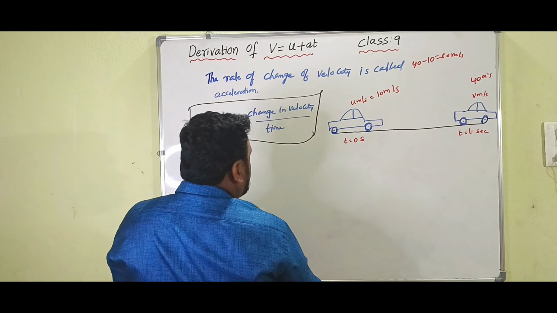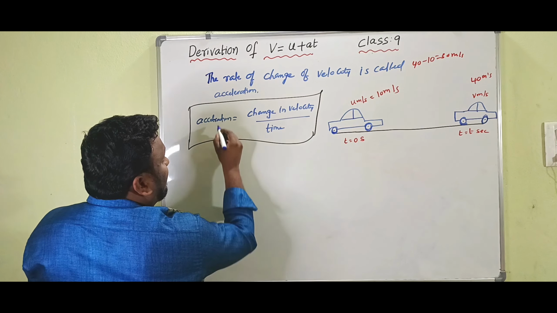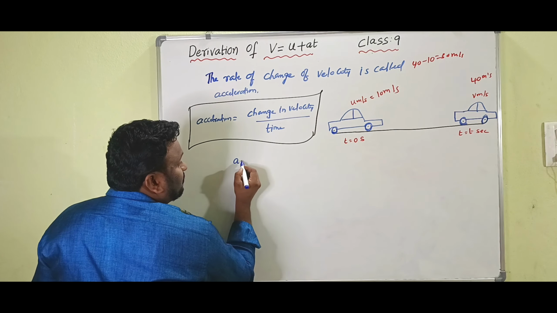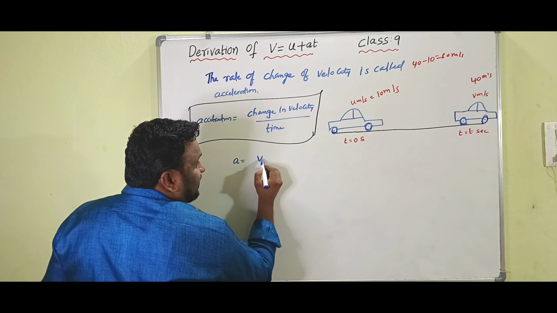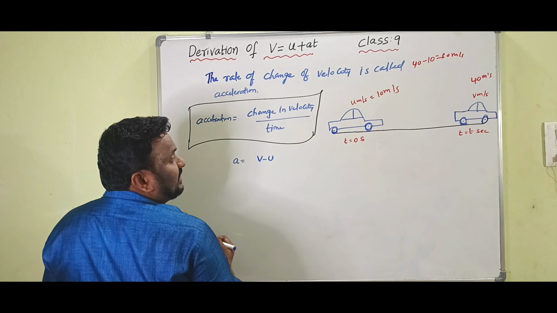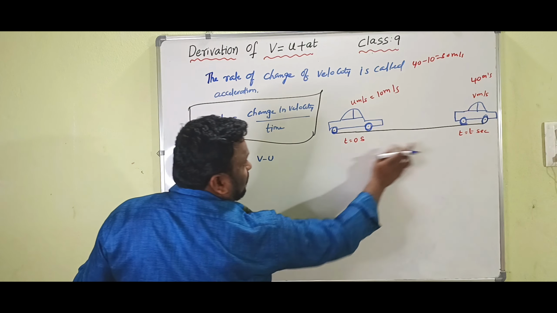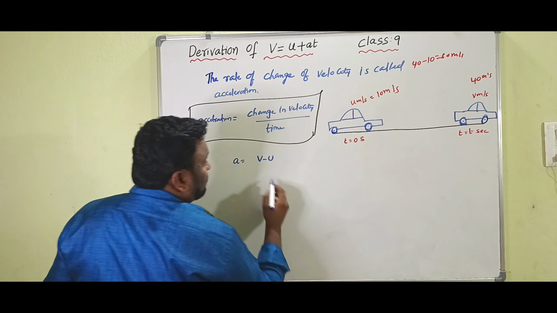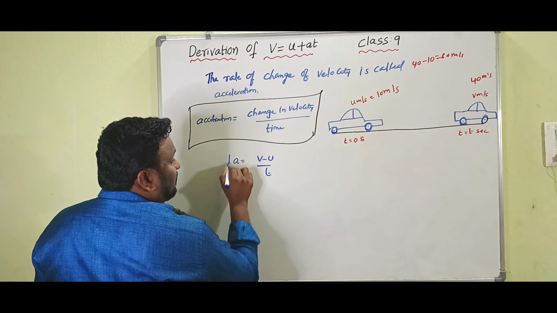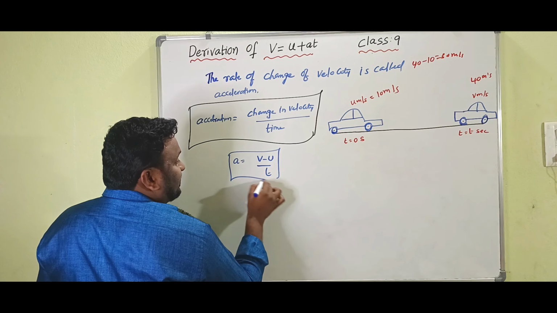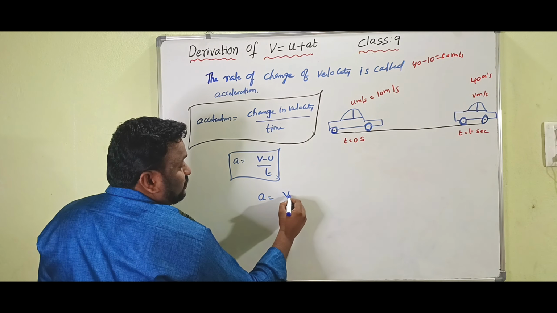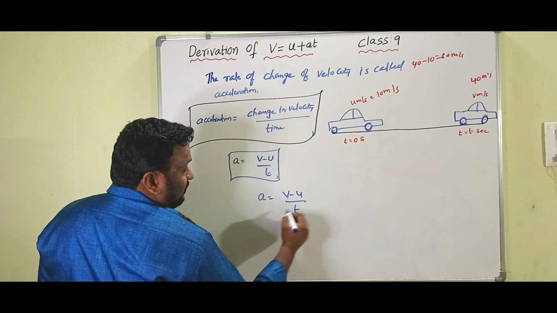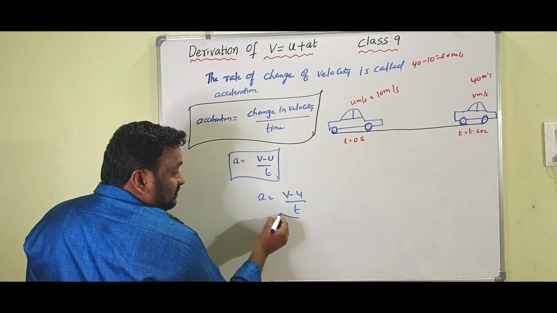Yes, v minus u. That's why acceleration is represented by a equals change in velocity, which is v minus u, and time is t minus 0, that is t. So this is the expression for acceleration. Clear, children? Then a equals v minus u by t. We bring t to this side.